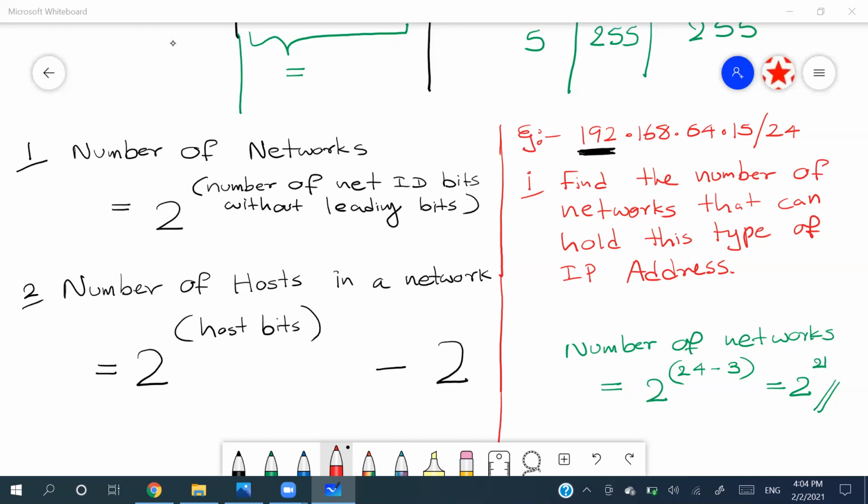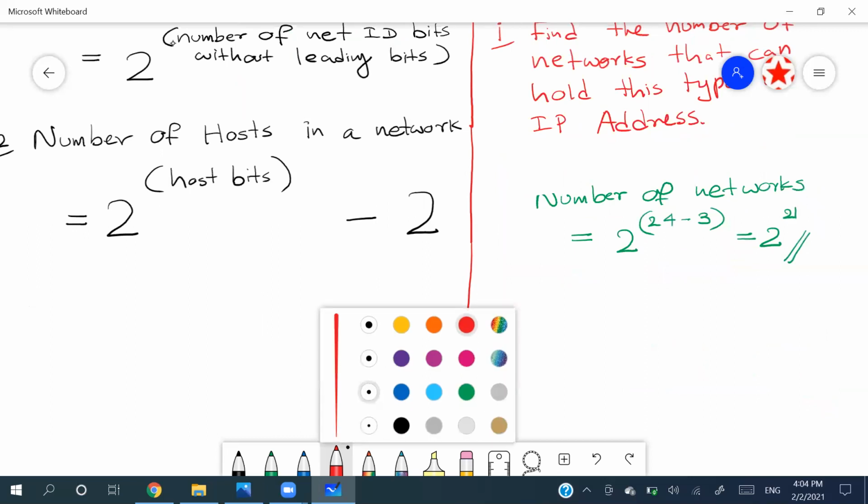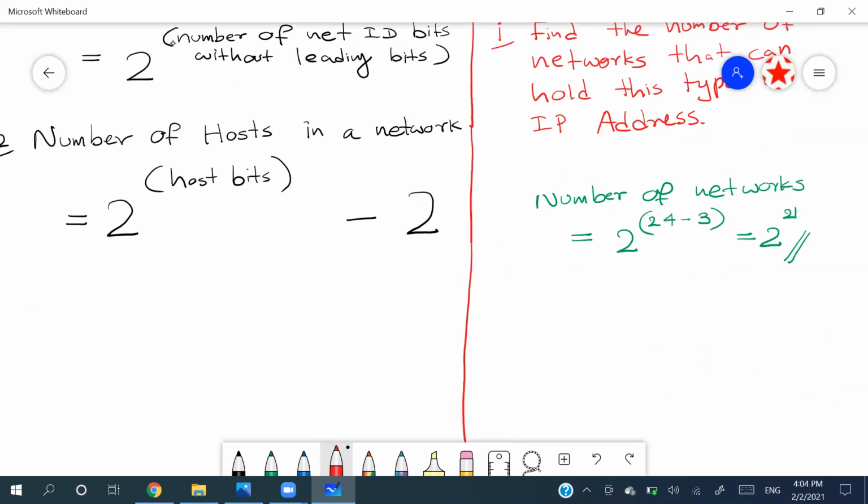Right, so this is going to be the second example in this manner.